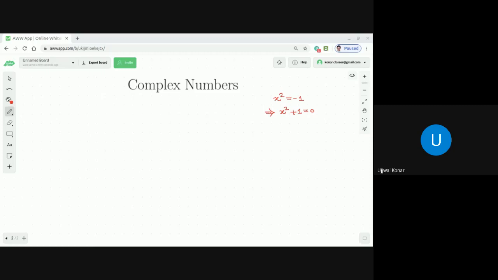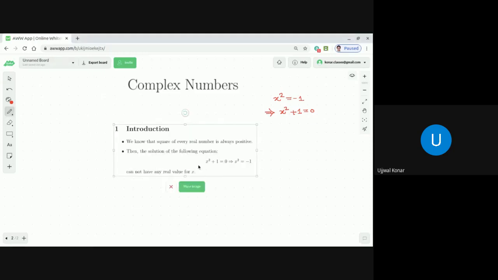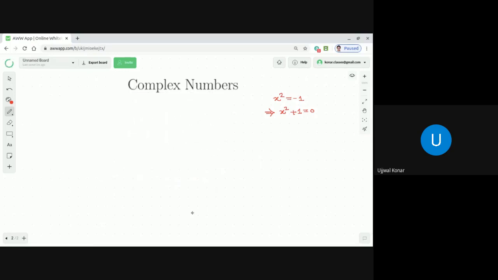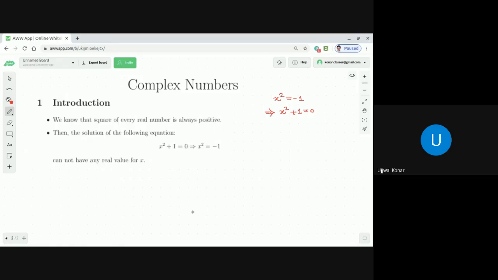So dear students, what we just learned is that the square of every real number is always positive. Then the solution to the following equation, x square plus 1 equal to 0, that implies x square equal to minus 1, cannot have any real value for x.